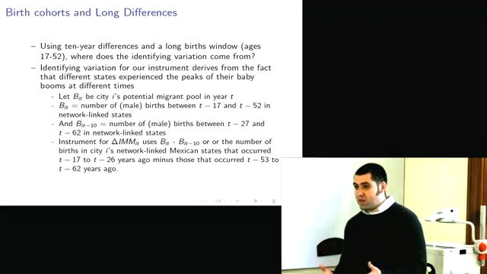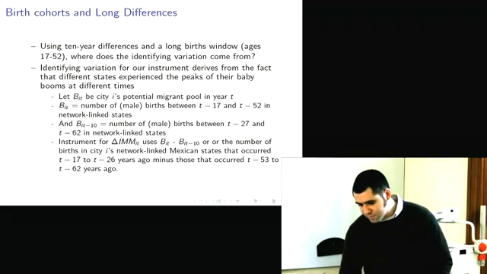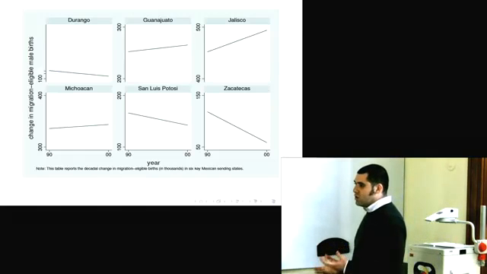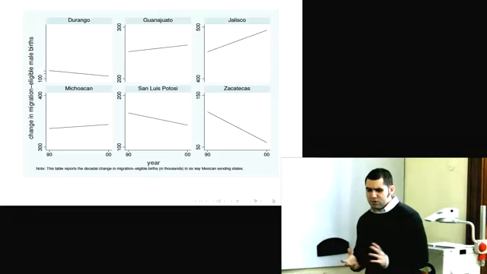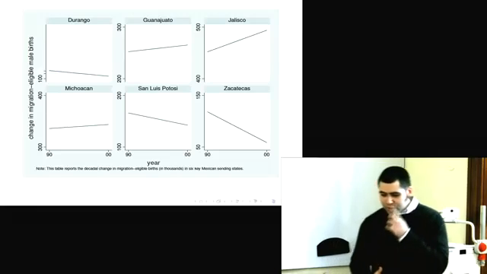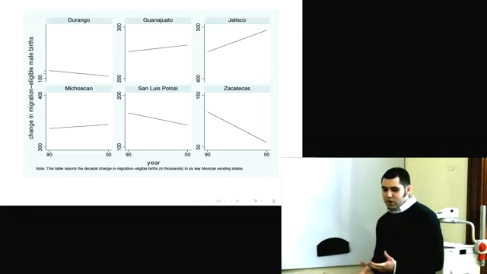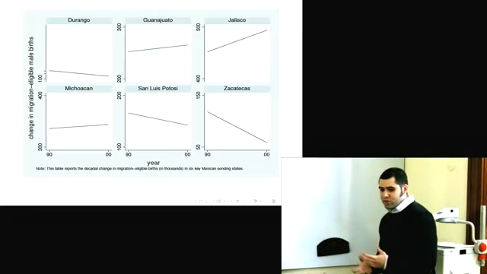Let me hopefully convince you now that there is some meaningful variation within these time intervals. What I'm showing you here are 6 of the largest Mexican sending states to the US. These states account for a really, really large share of what's going on. What I'm showing you here is for 1990 and 2000, the number of migration-eligible births that come from each of these states.